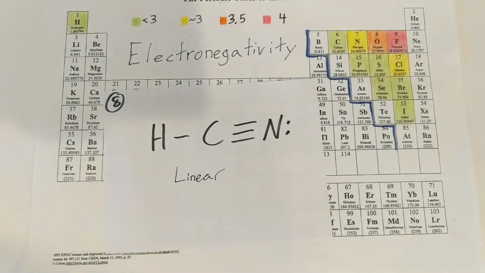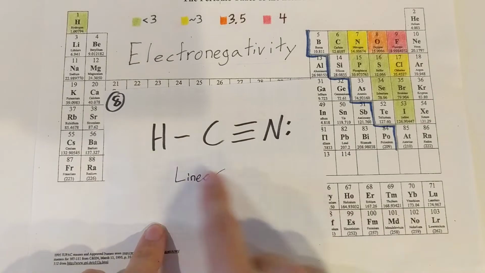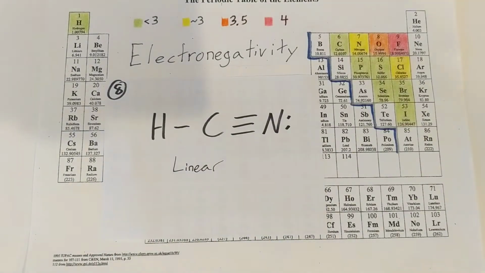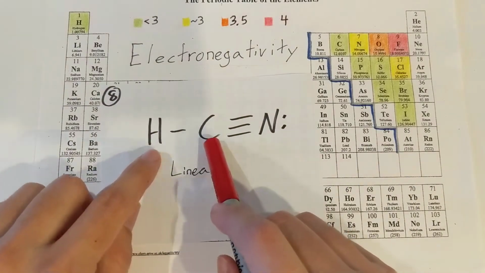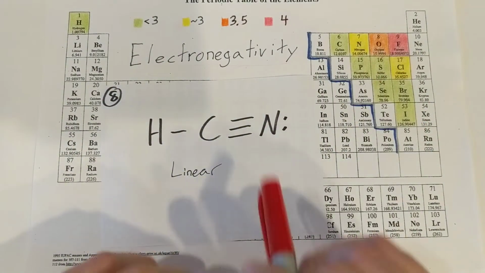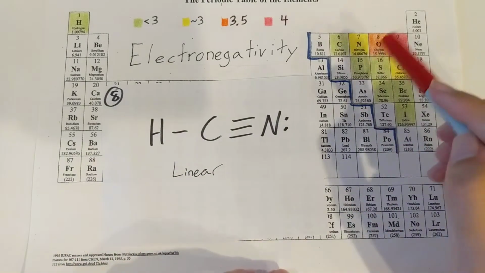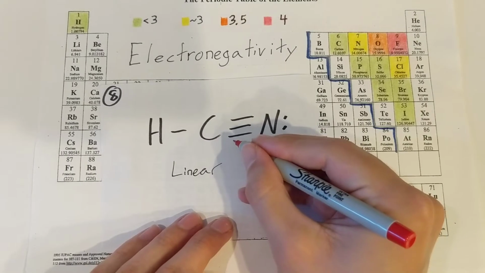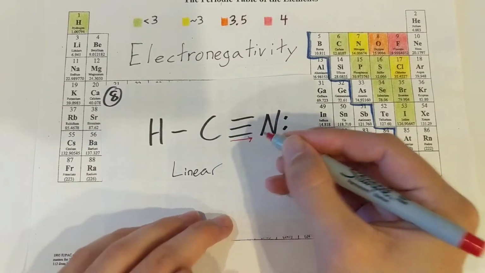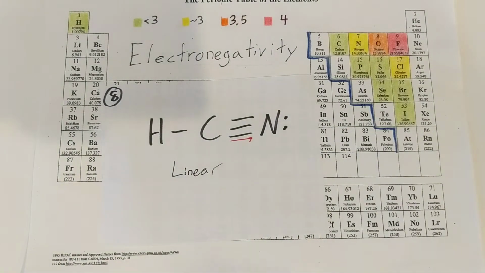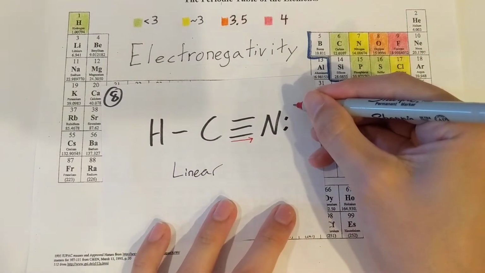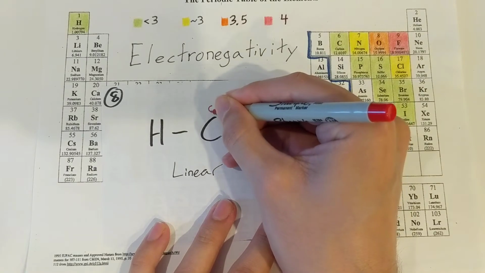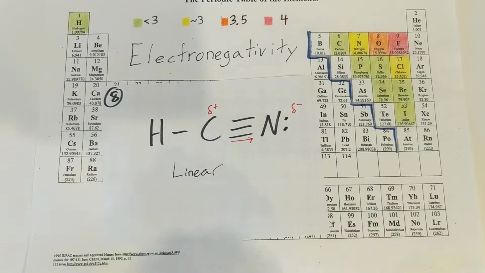All right, so last question here, linear molecule. So everything's in a straight line here. Take a look at each of these. We got hydrogen and carbon, nonpolar bond, so don't gotta worry about that. Carbon and nitrogen, they're both right by each other. Nitrogen has that higher electronegativity, so it's pulling some electrons that way. That'll give the nitrogen that partial negative, and the carbon right here, a little bit of a partial positive.